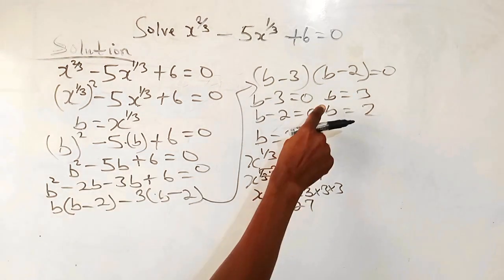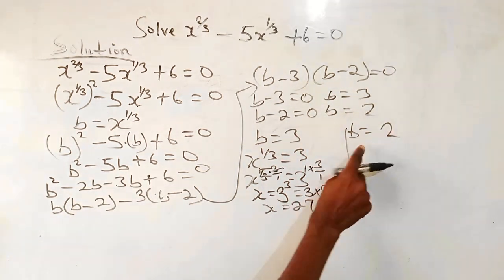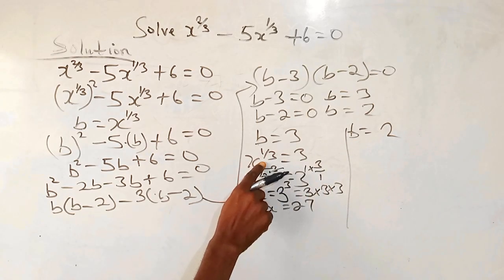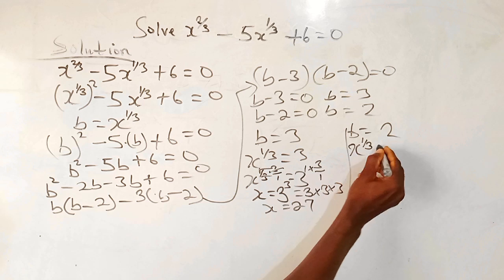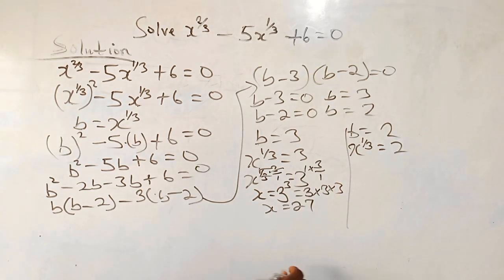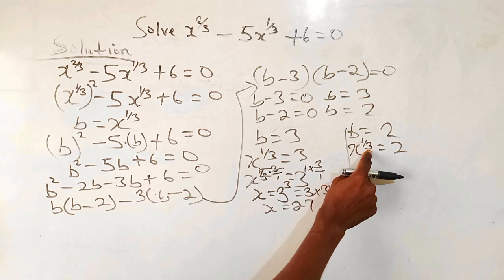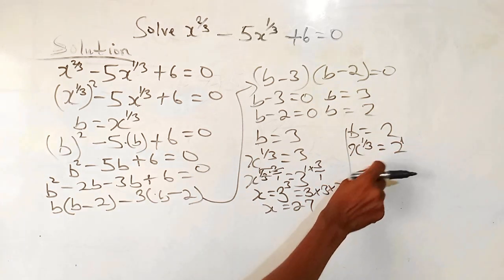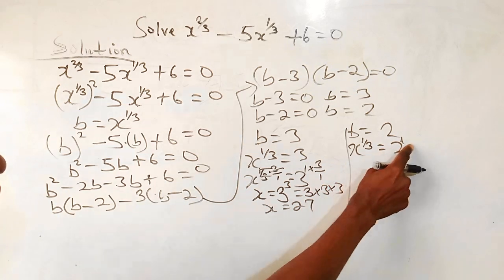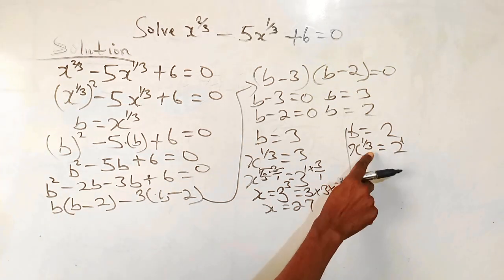The second one, we have b equals 2, and b stands for x to the power of 1 over 3, so x to the power of 1 over 3 equals 2. The same thing we did here: let us raise both sides to the reciprocal of 1 over 3, which is 3 over 1.